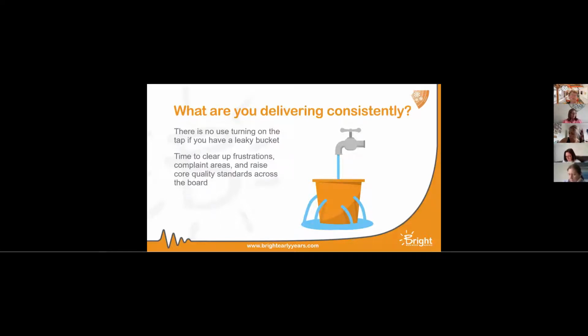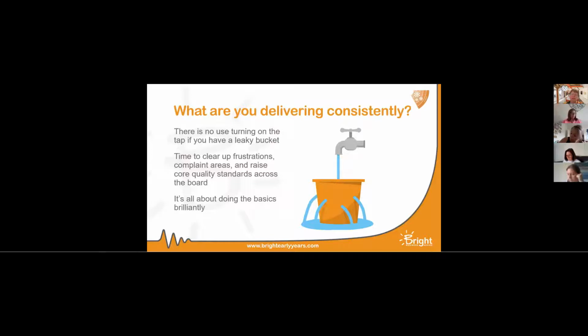So where you've got frustrations going on, things that frustrate you, things that frustrate the manager, complaints coming in from parents about anything, or complaints coming in from staff, we need to look at what our standards are and what that quality is, and therefore look at how we can raise that if it's not right, and then make sure that we're getting all of these basics done brilliantly.